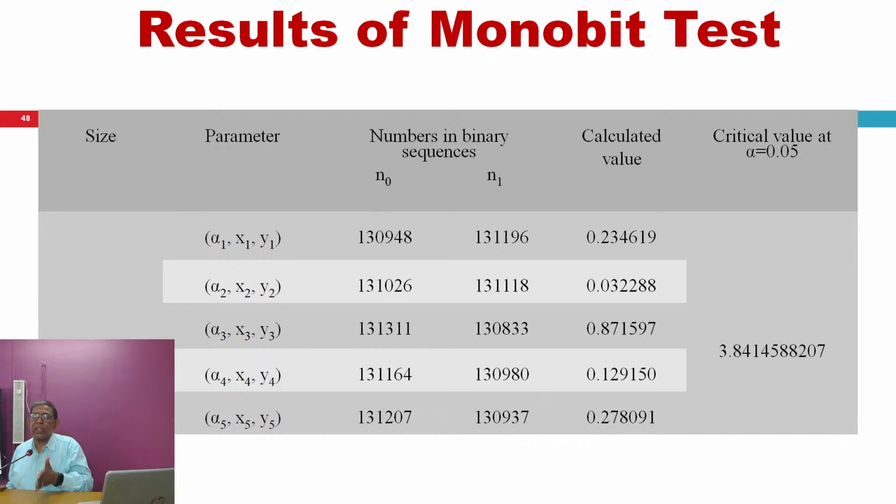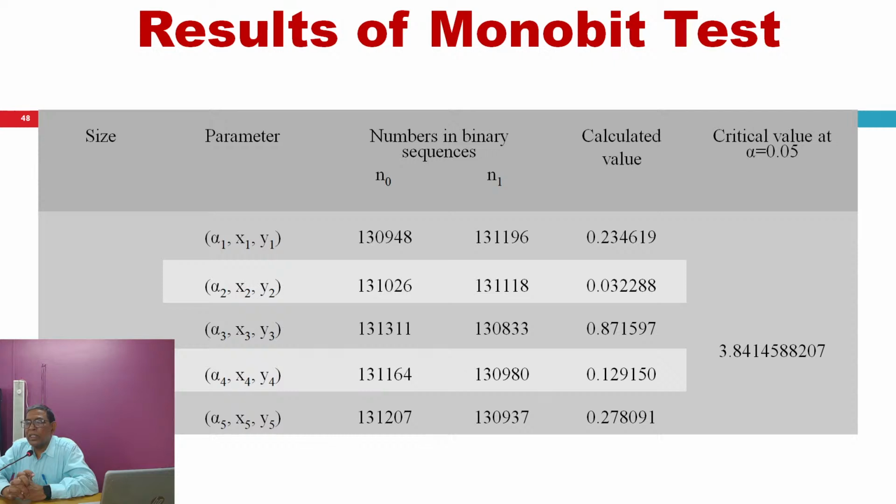And if these three tests are satisfied, statistically you can say that your random number is truly random. So the first test is called the monobit test. There is a formula for the monobit test. I think it is not coming. The previous slide it was there. You can get it from the net.